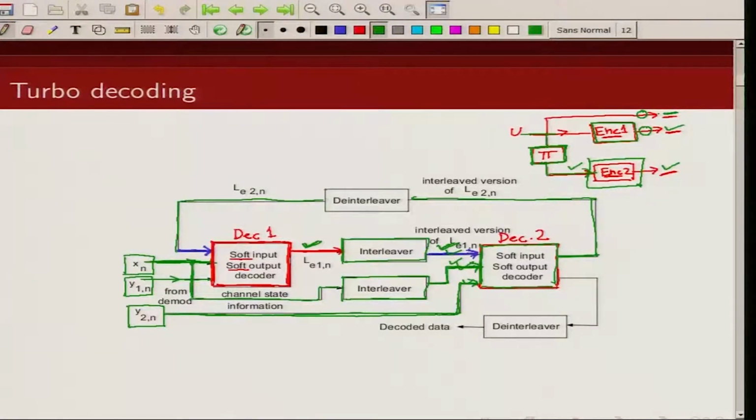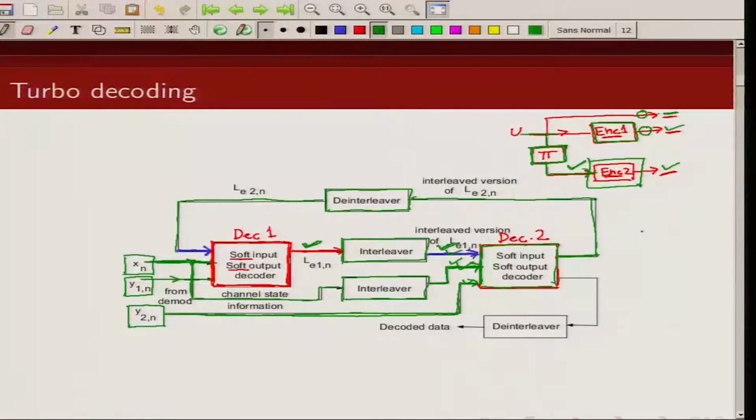And note, there is a de-interleaver in between because the order of the information sequence here is a de-interleaved version of the information being fed to encoder 2. This de-interleaver is used so that the order of the information estimates that we are feeding to decoder 1 is in the same order as these other inputs.